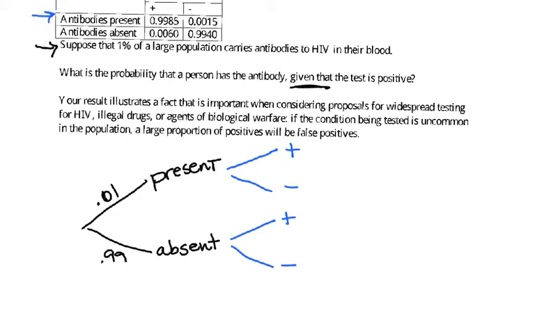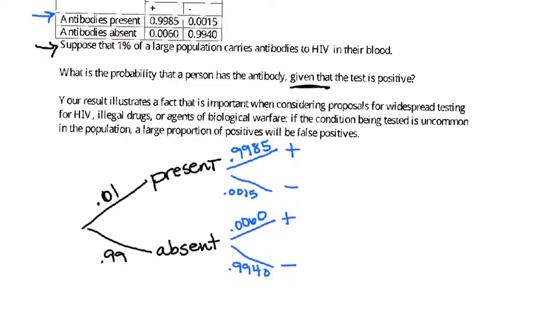It's a positive test, 0.9985, and a negative test is 0.0015. If we go to the row of antibodies absent, the positive test is 0.0060, and the negative test is 0.9940.